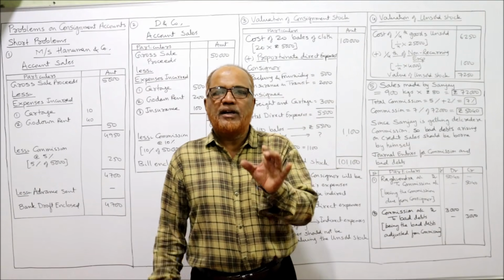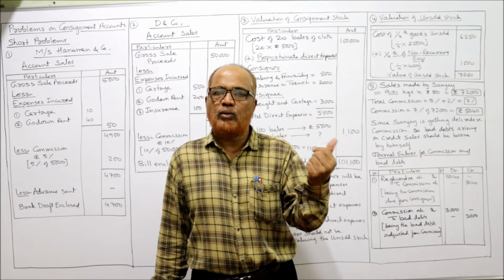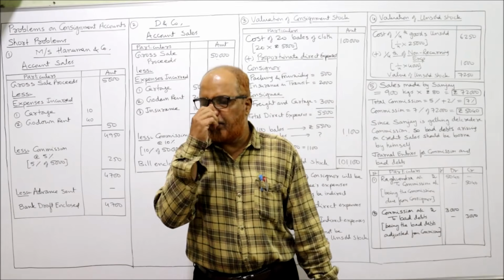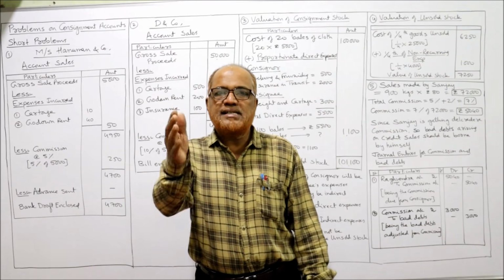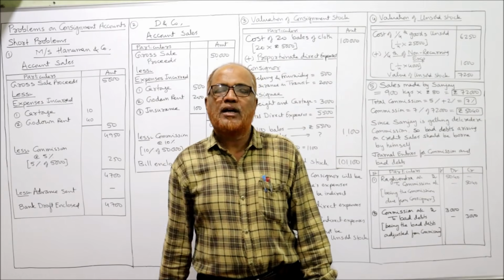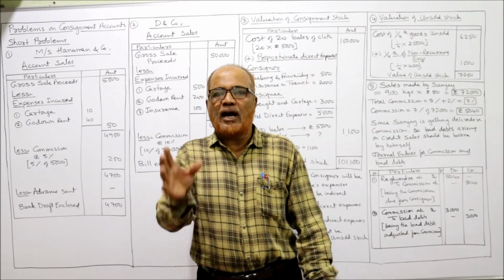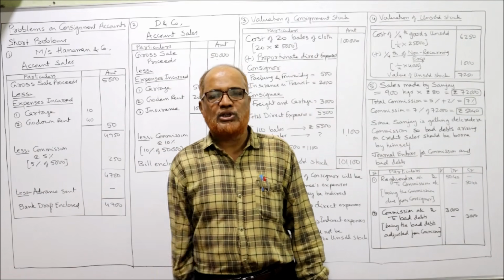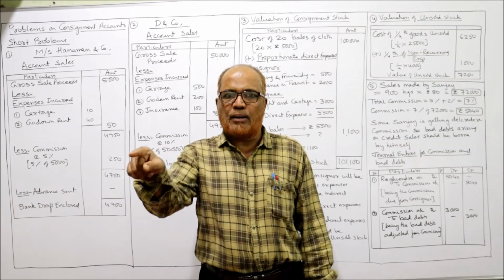In this first problem, it is asking you to make the account sales. Already I have explained account sales in the theory video. It is a document which is prepared by the consignee periodically and sent to the consignor. So what will the account sales show? The account sales will show the gross sale proceeds, from which he will deduct his expenses and his commission.